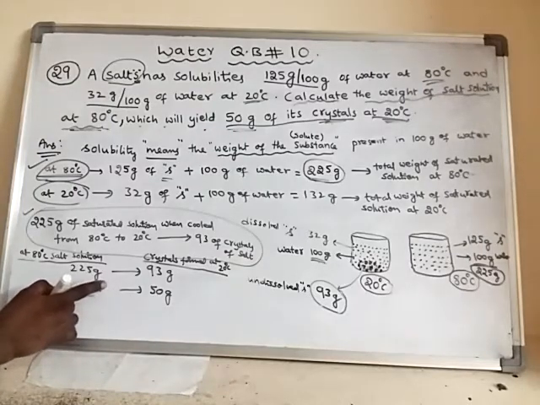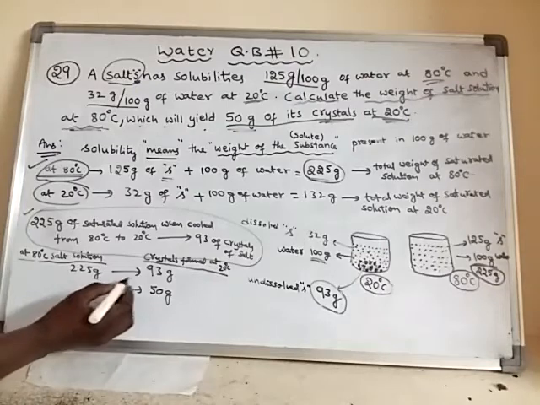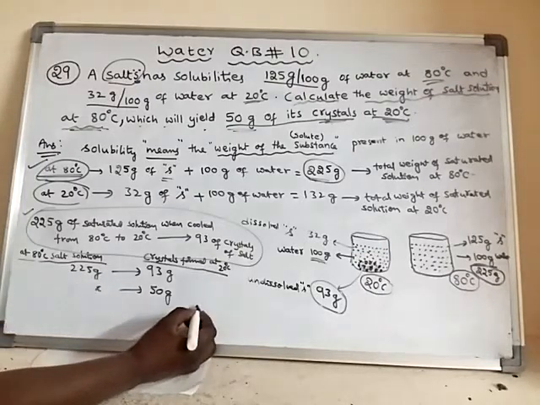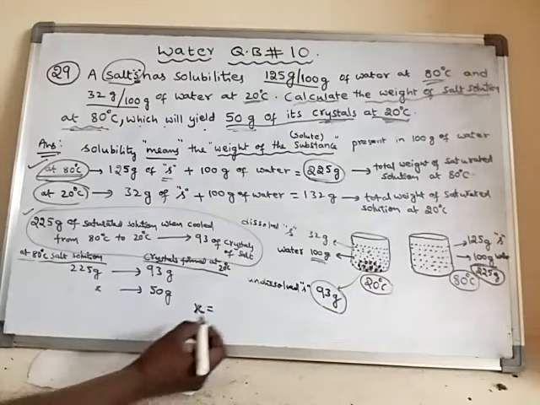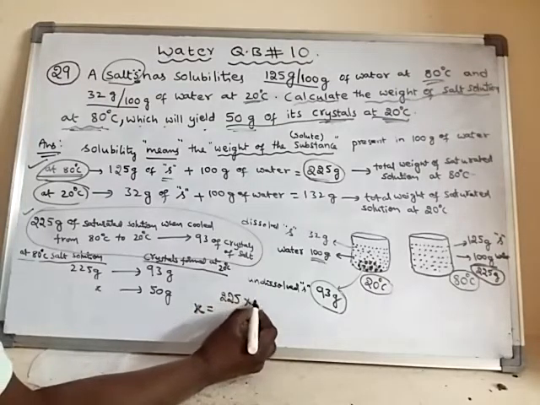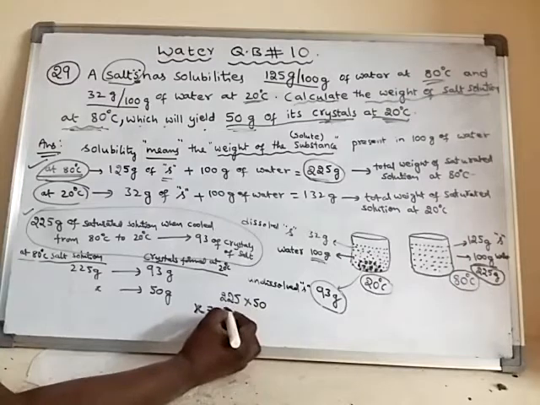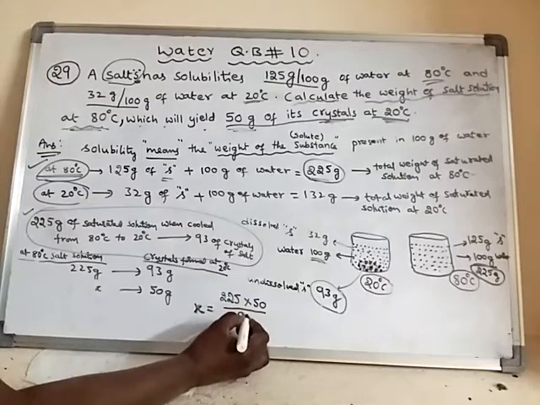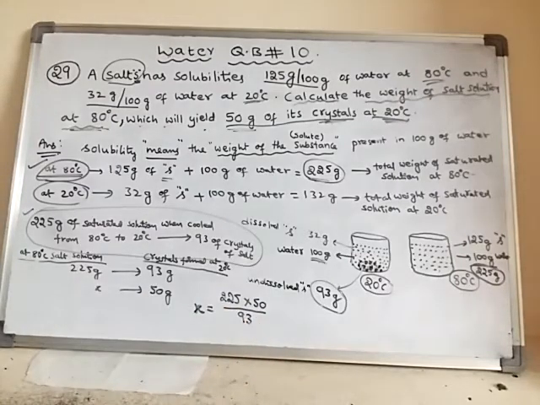So upon cross multiplication, X will be equal to 225 into 50 by 93.